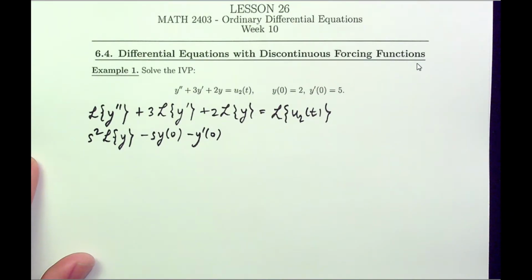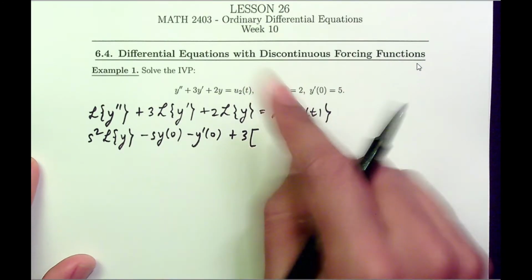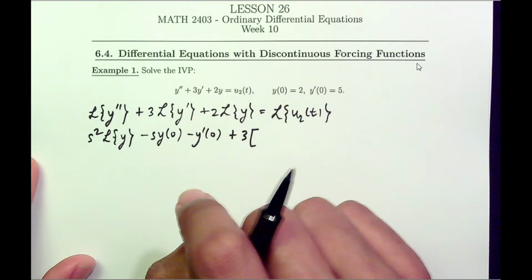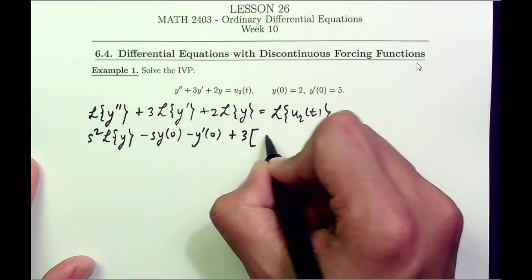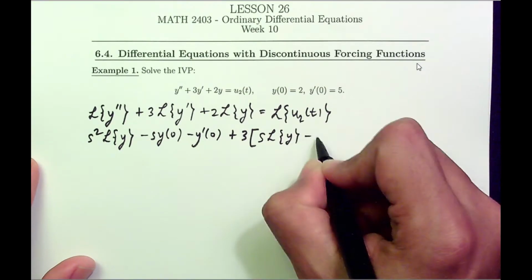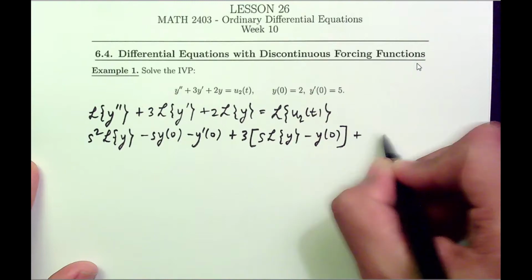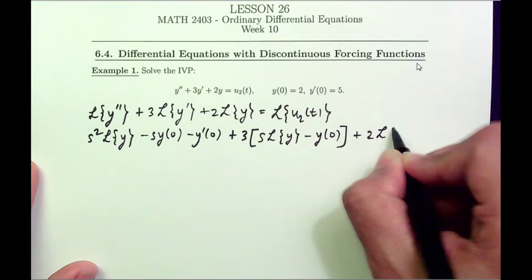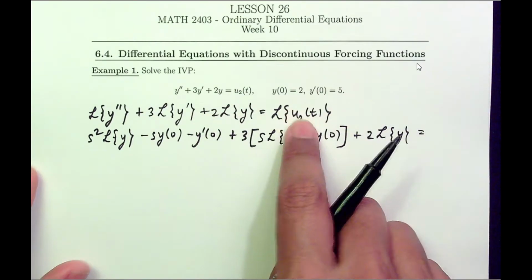Plus 3 times, now we use the same formula with n equals 1, the Laplace transform of the first derivative, which is s times the Laplace transform of y minus y naught. Plus 2 times the Laplace transform of y equals, and then we look this one up on the table, the Laplace transform of u2, because you don't have to memorize this.